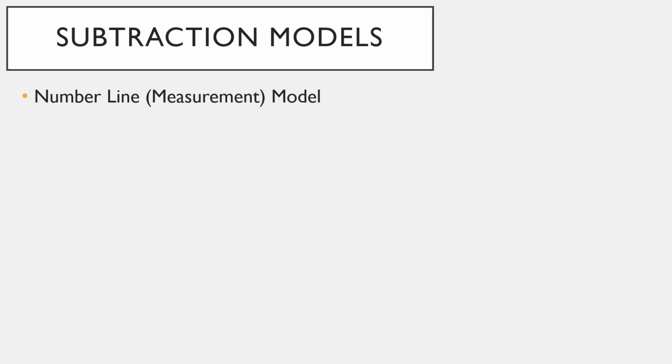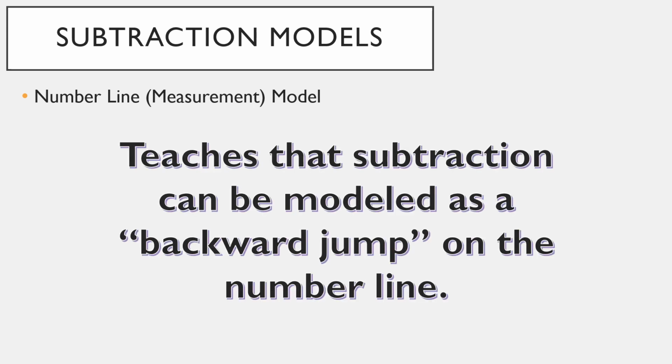The second model of subtraction that we're going to look at is the number line or measurement model. Subtraction on a number line can be helpful for students to visually perform the subtraction operation on small numbers, and this model teaches that subtraction can be modeled as a backward jump on the number line.